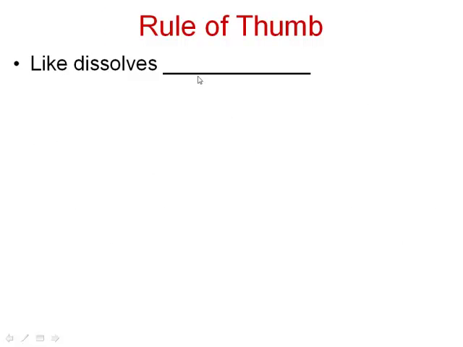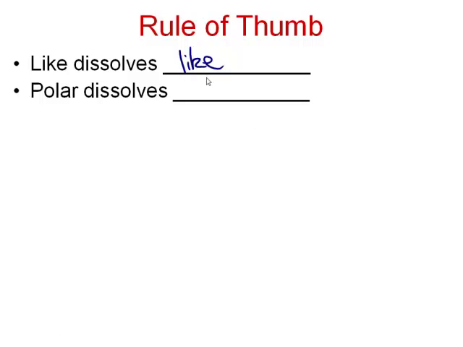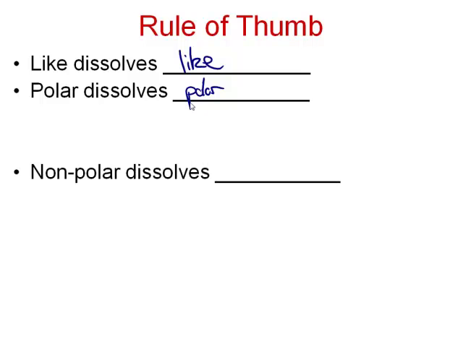We know that like substances will dissolve other like substances. And the reason for that all goes back to this delta H idea. Polar things tend to dissolve polar substances. So a polar solvent will tend to dissolve a polar solute.